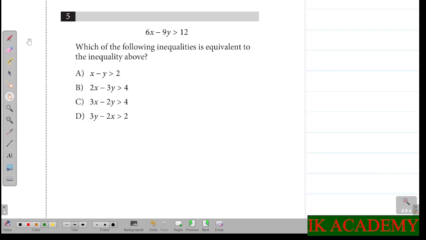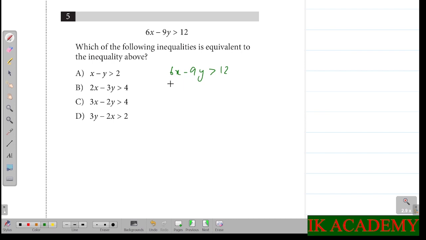Next question is question number 5, and it says, which of the following inequalities is equivalent to the inequality above? So here we have the inequality. We need to find which of the following is equivalent to this inequality. So let me write down here 6x minus 9y is greater than 12. The property of inequality is we can divide both sides of the inequality and the inequality will remain the same.